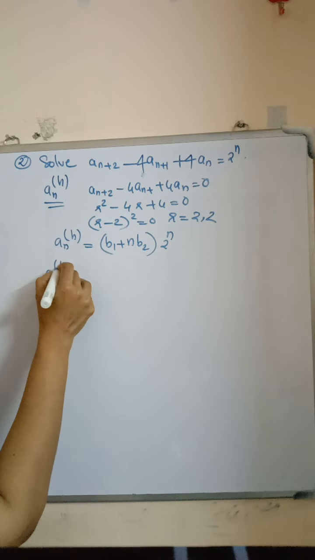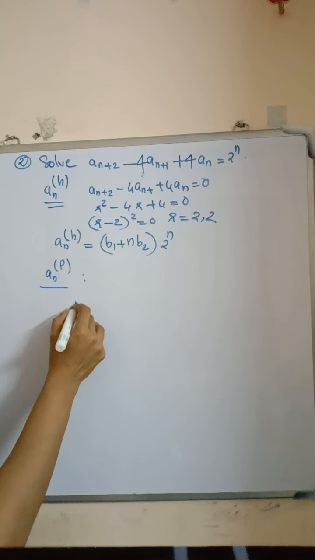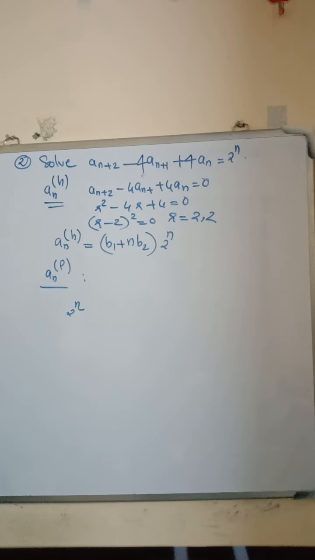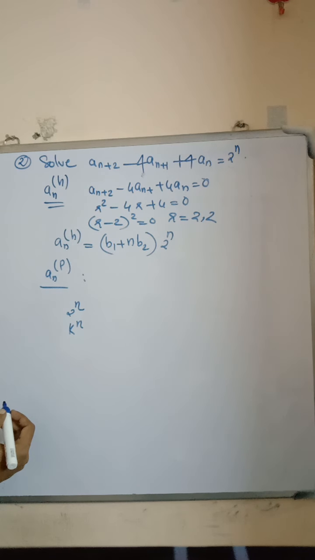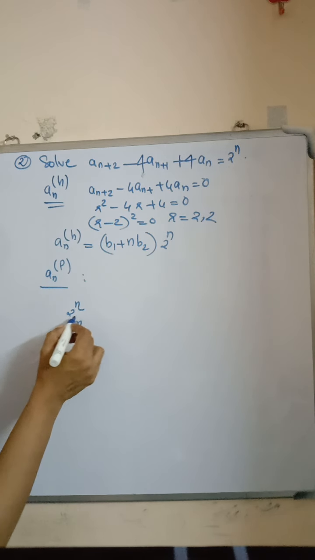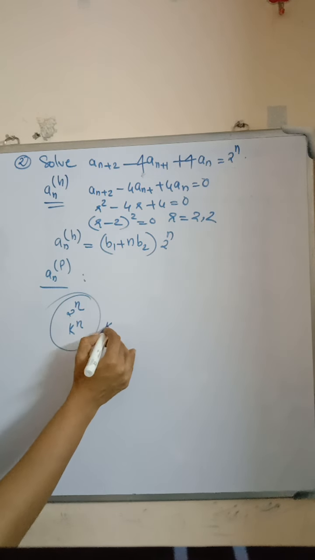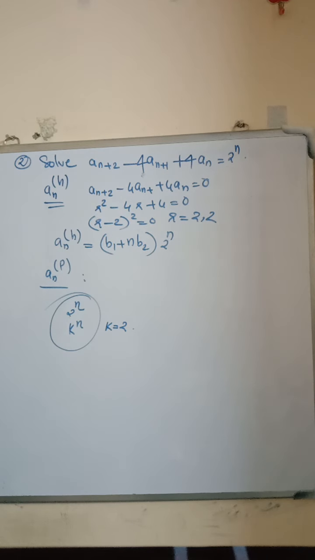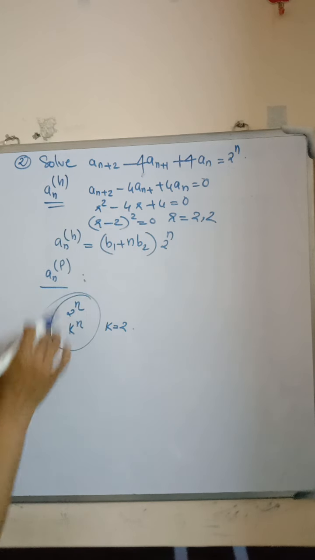Now, we want to find the particular solution. Here, the right hand side is 2 raised to n, which is also of the form k raised to n, so k is equal to 2. 2 is also a characteristic root of this equation with multiplicity 2.